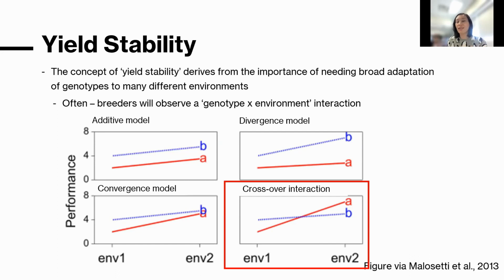But that never happens. Genotypes respond differently to different environments. And so to try to capture what is actually going on there, we do yield stability analysis to understand what genotypes do well where, what genotypes don't respond to better environments, or what genotypes are more adapted to more stressful environments.